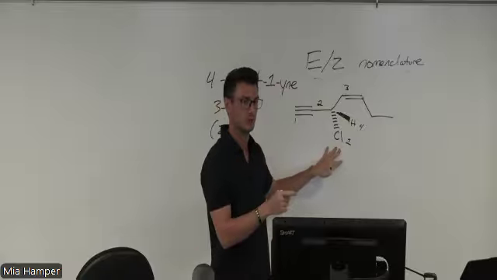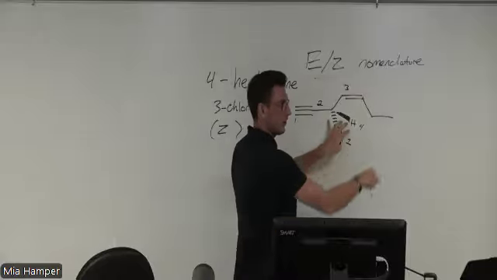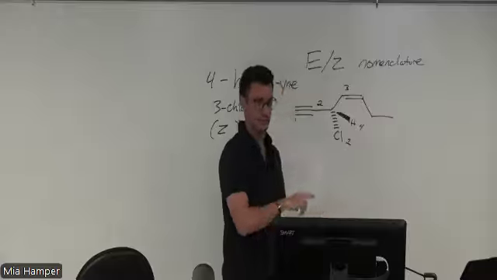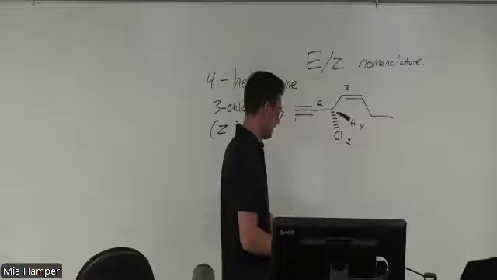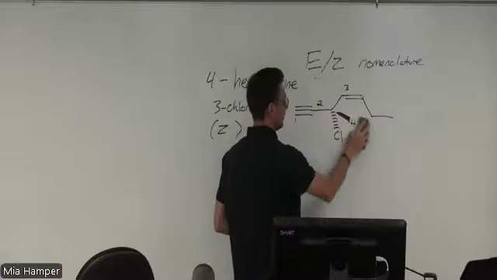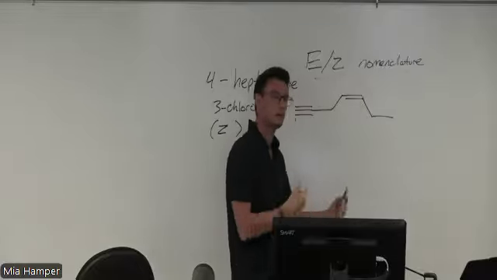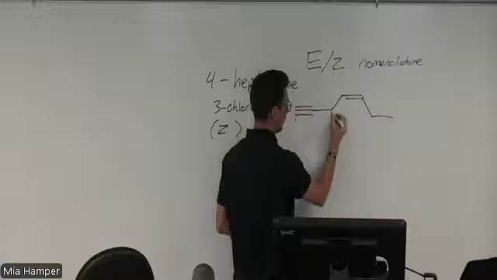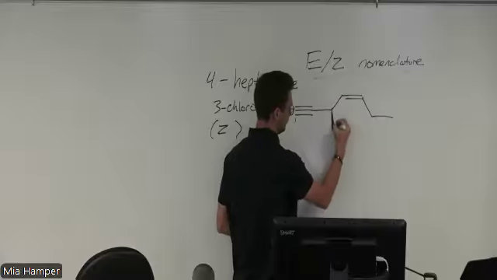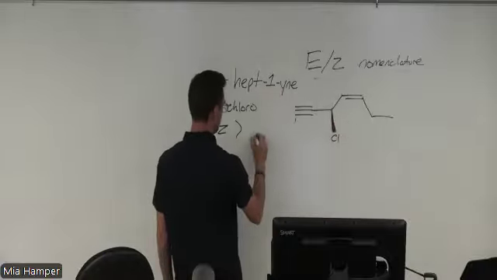Given the fact that we ignored a first or a third priority, it's not in fact R, it's actually S. So that's a little trick that you can use to determine R and S so that you don't have to go through the mental gymnastics of trying to view it from the back side of it. So we found this chiral carbon to be R.